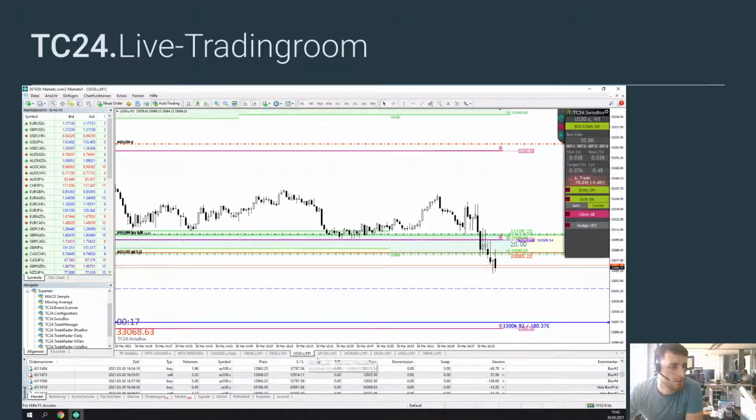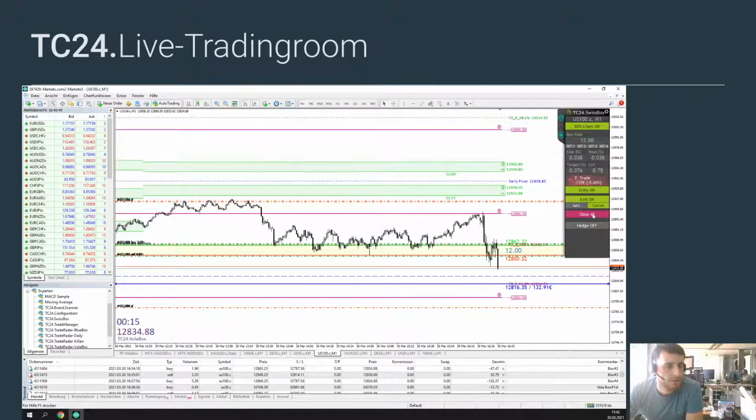And then we can always prepare ourselves now for a manual exit. Let's take a look at the Dow here quick. So 7th trade in.